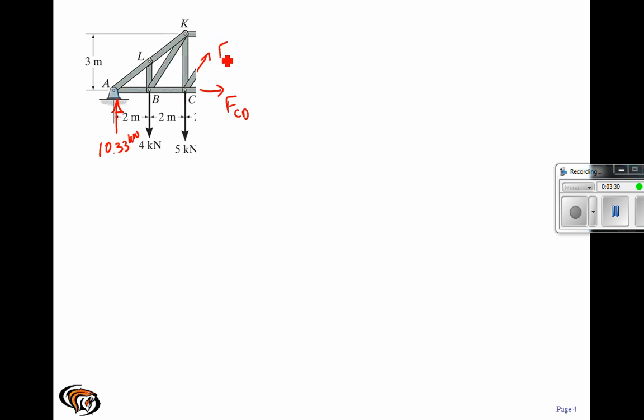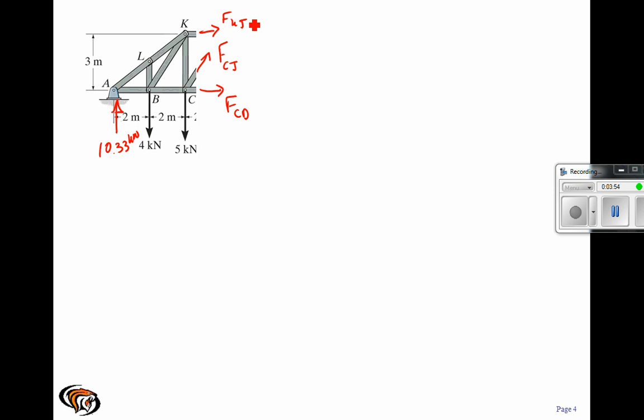This is force CJ. And finally, this is force KJ. This is essentially a rigid body free body diagram, so we have three equations of equilibrium available.